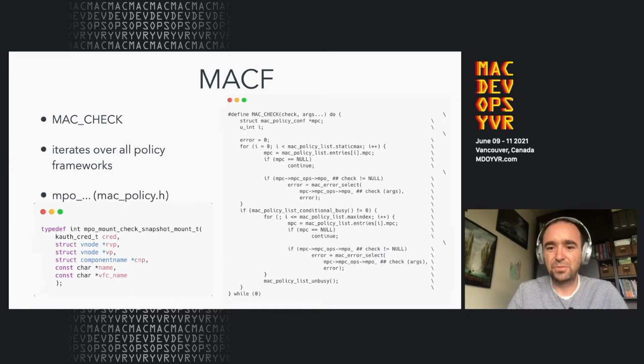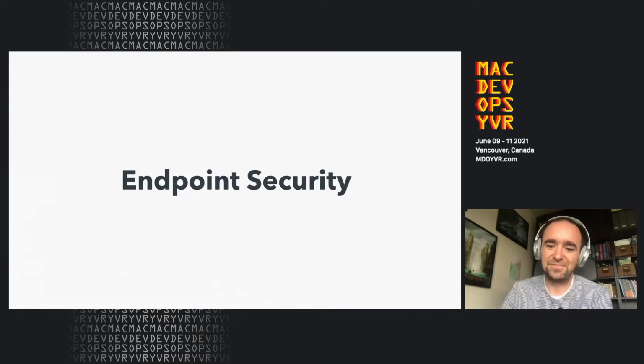Basically, if any of the modules denies the action, then the action will be denied. If everyone permits, then it will be permitted. Again, there are over 200 of these hooks, so it's a really, really good framework for security.